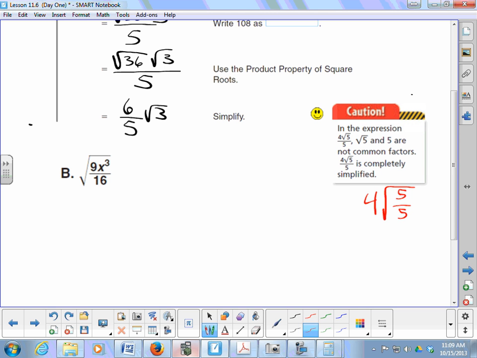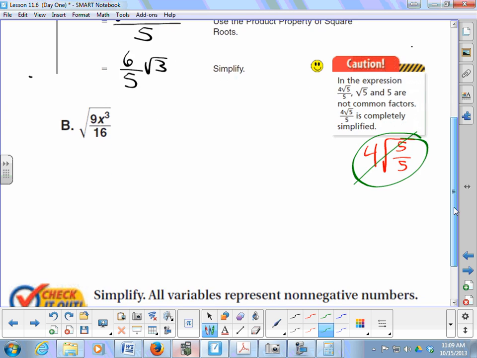Okay? It's not that. Okay? You can't simplify the two 5s. All right? So that would be completely simplified as 4 square roots of 5 over 5. That's a no-no. Okay? Don't do that. Some of you will want to.